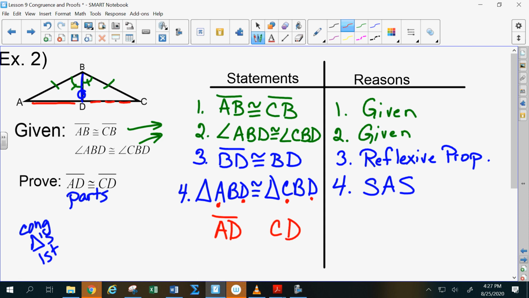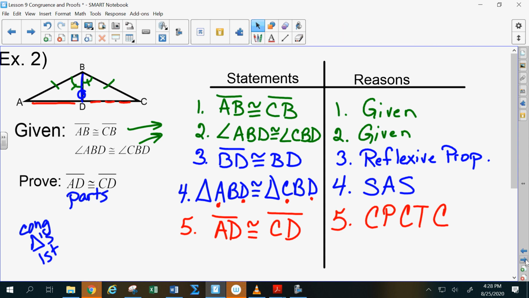Those are both across from the angle that I marked with one tick mark on there. So I can say AD and CD are congruent parts. And my reason is that the corresponding parts of congruent triangles are also congruent. And that finishes our proof and our lesson for today.